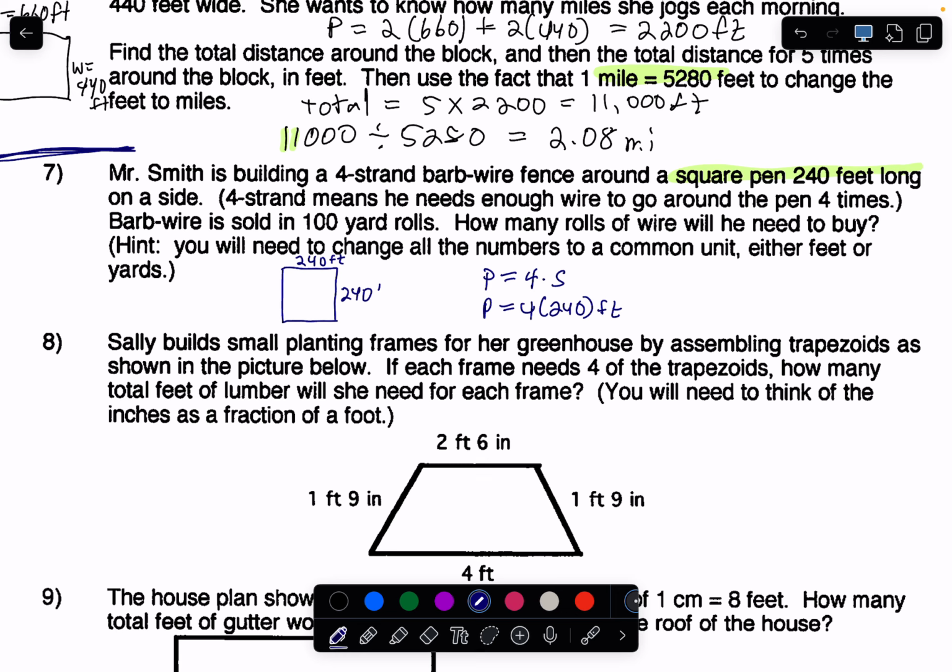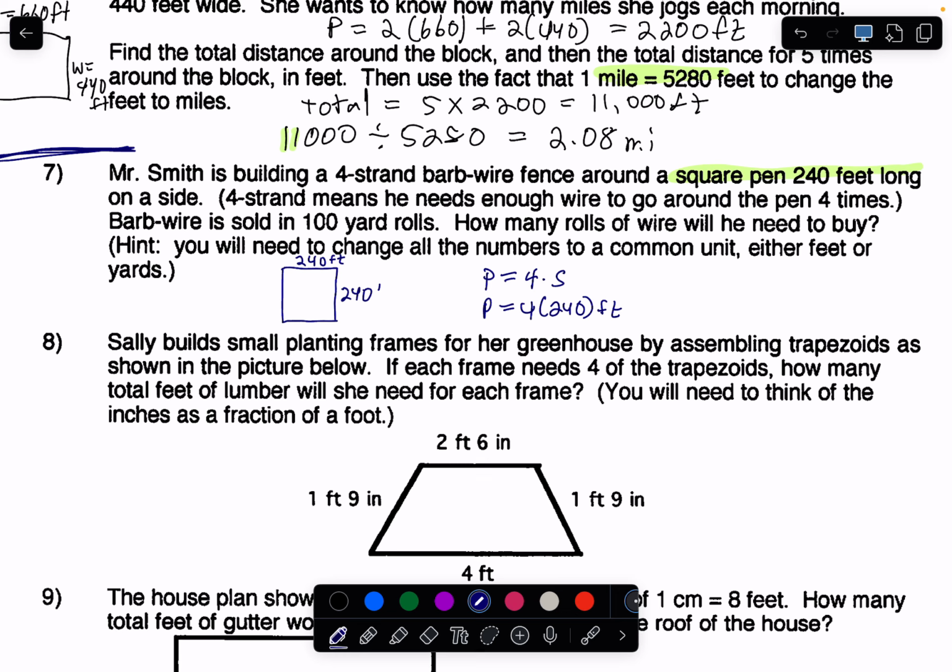But if we think about the fact he puts 4 layers of barbed wire, he needs a layer there, and assume this is going all the way around.